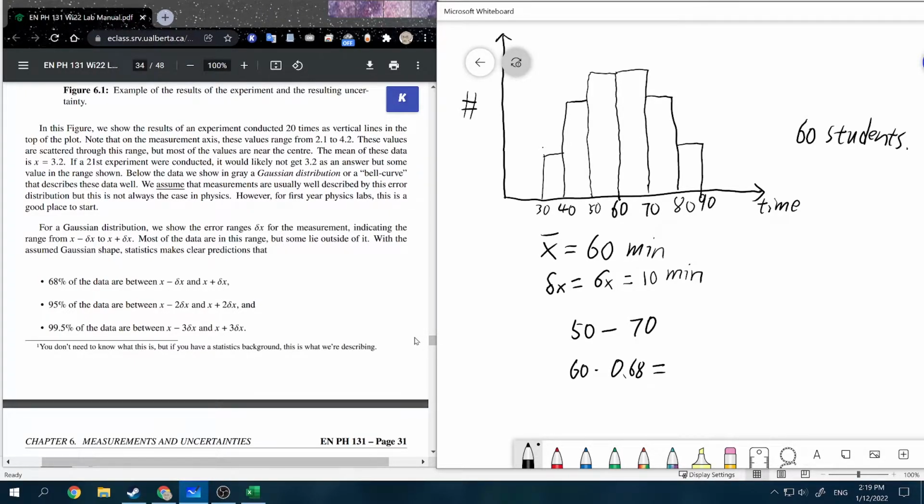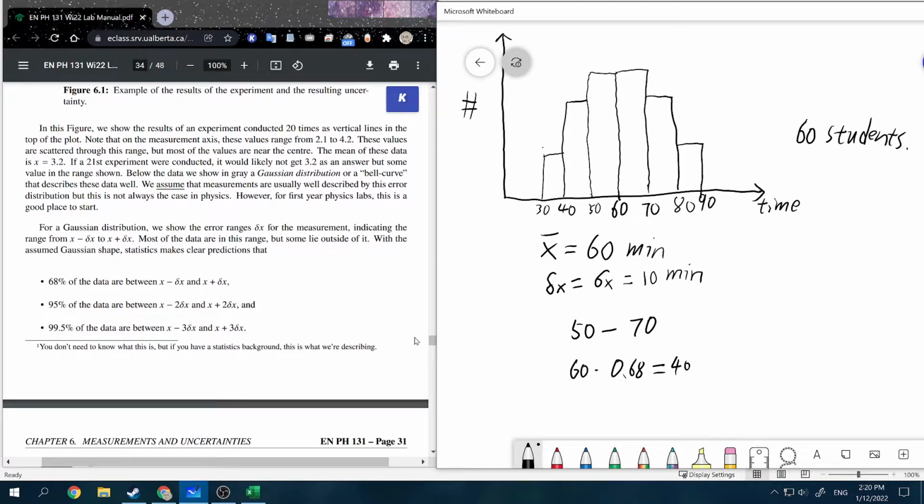I have a calculator, let me calculate that, which is about 40. So you're going to have 40 of your students lie in this range. This shape doesn't look so good; I guess this one should be much lower, but you're going to expect that 40 of your students are going to finish this assignment between 50 to 70 minutes.